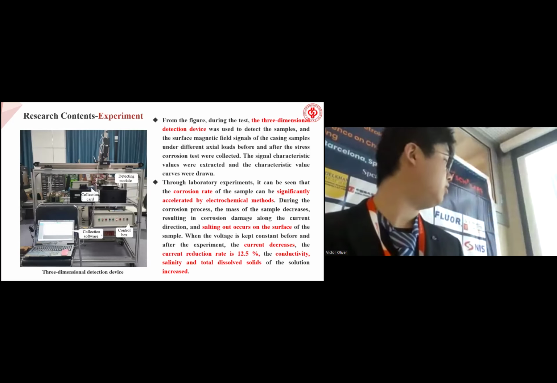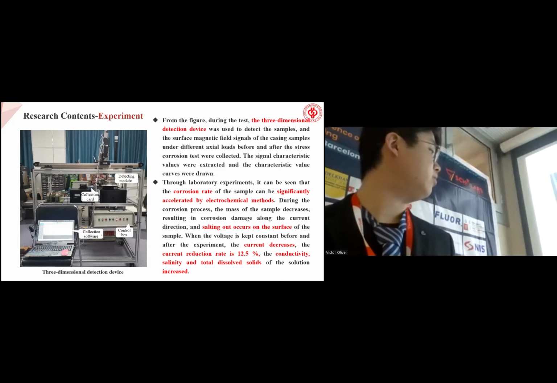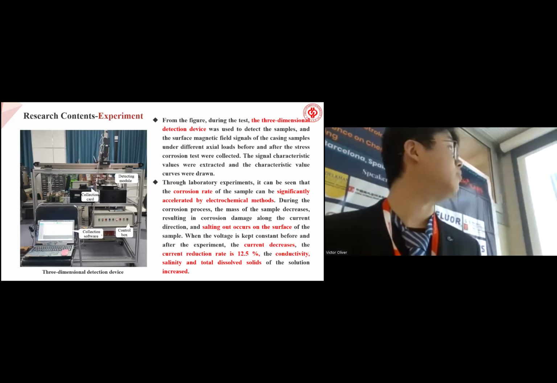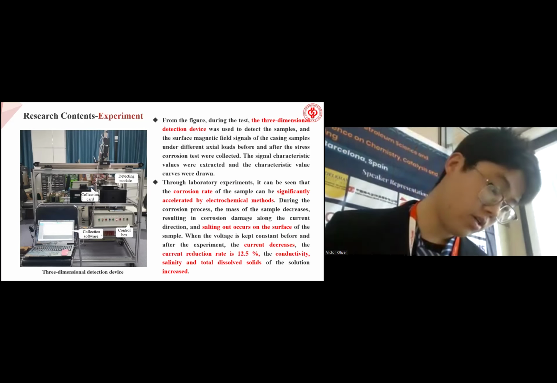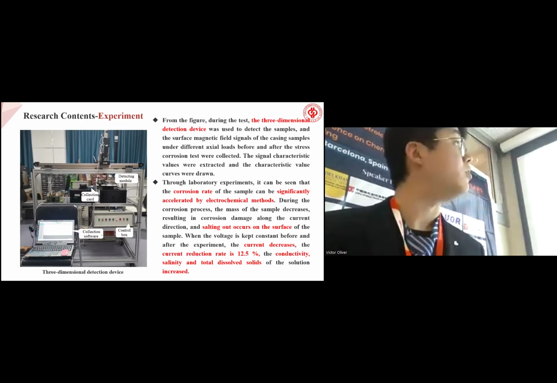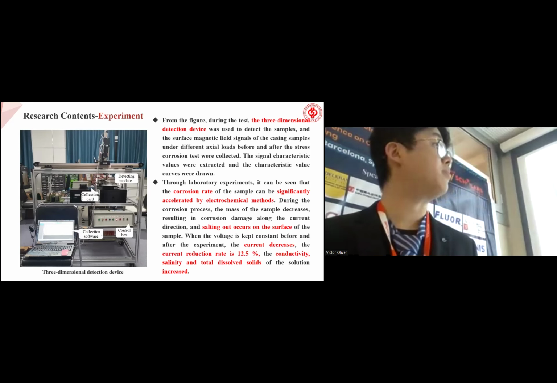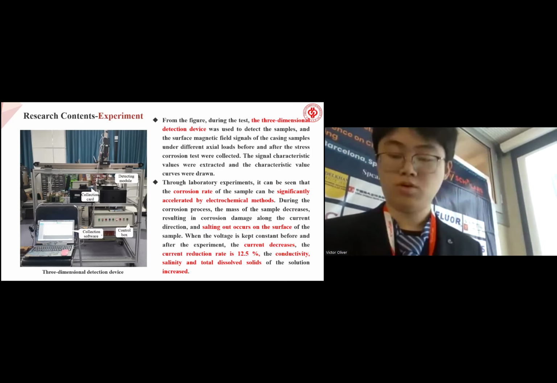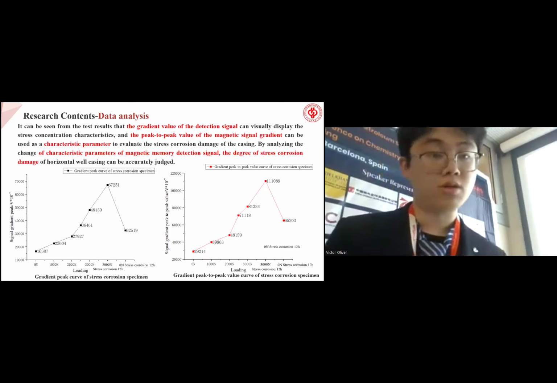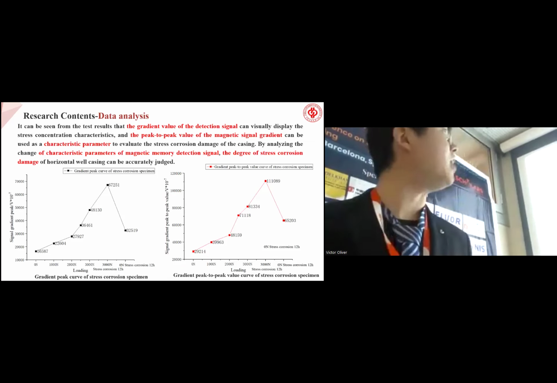This is the detection device, and we used this and the software to collect the surface magnetic field. Through the laboratory experiments, it can be seen that the corrosion of the sample can be generated by the aerobic models. It can be seen from the test results.